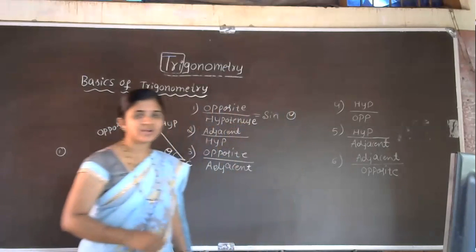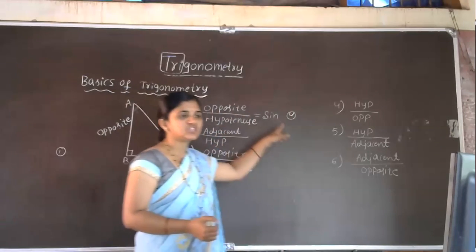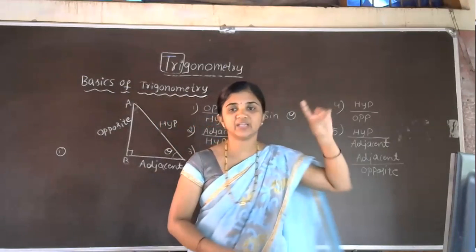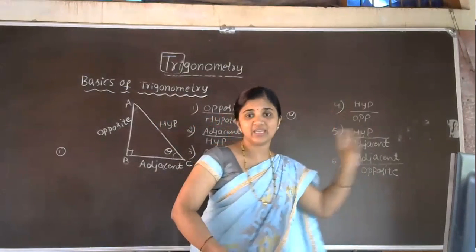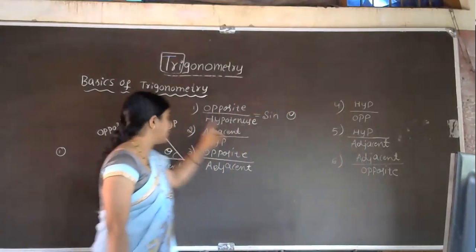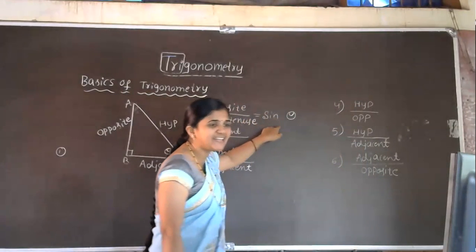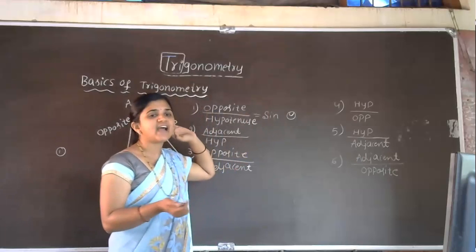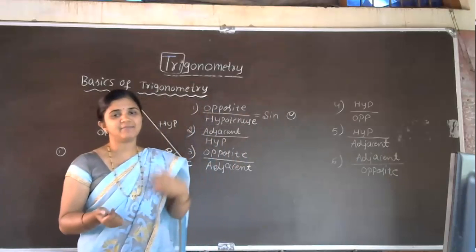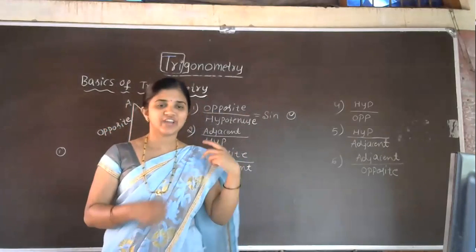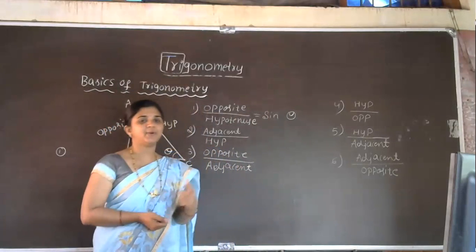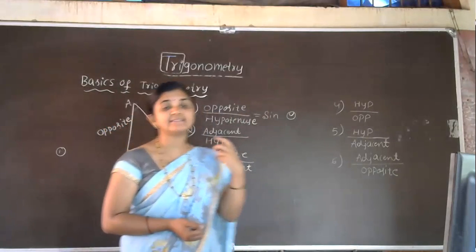Is that clear, students? In the short form we take only the first three letters, that is sin theta. Sin theta is nothing but the opposite side by the hypotenuse side. So the ratio of opposite and hypotenuse is called sin theta.